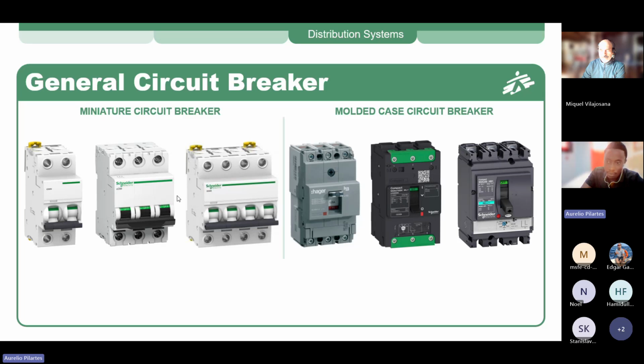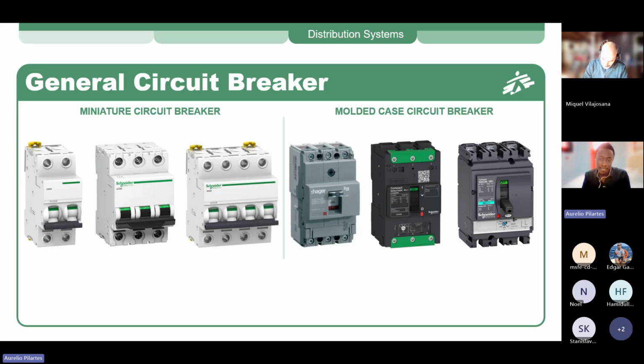In a normal scenario, when you have currents from 0 to 100 amps, you can easily get an MCB. But when you go over 100 amps, commercially, it's very hard to find MCBs that can withstand that. So this is where you start going to MCCBs, molded case circuit breakers, also called compact circuit breakers. So the current is one of the main differences.